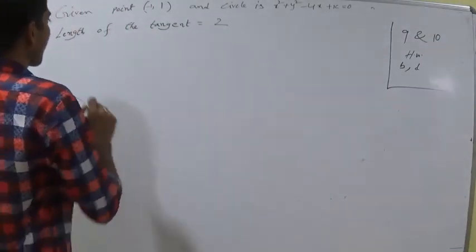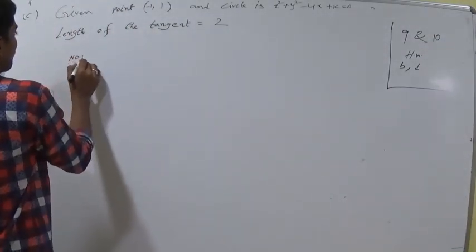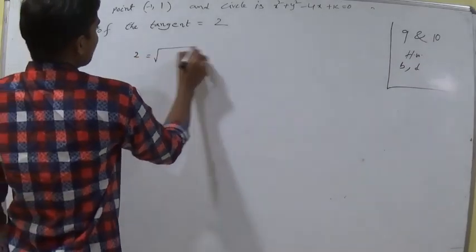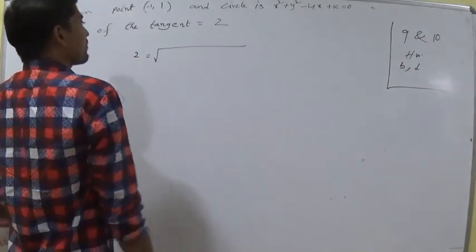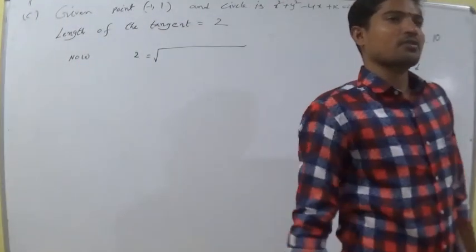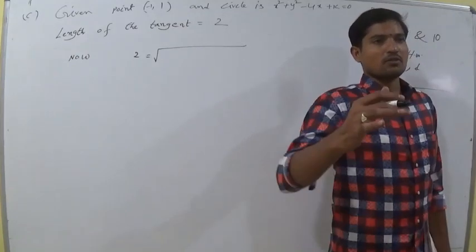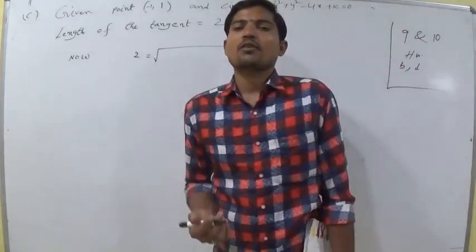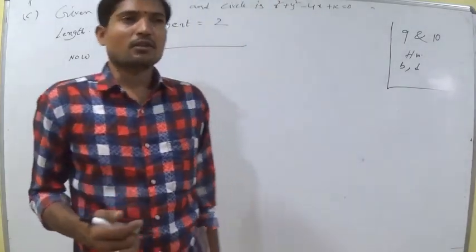Now 2 is equal to the square root of S11, so the length of the tangent is the square root of x1 square plus y1 square plus 2gx1 plus 2fy1 plus c.